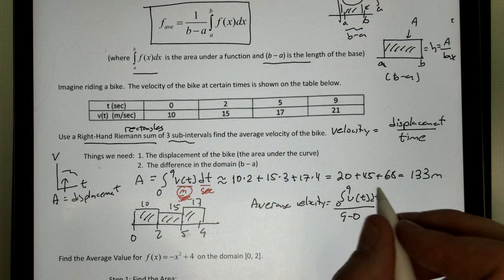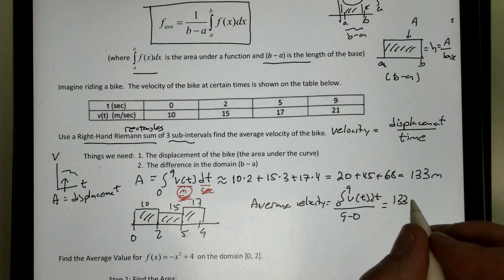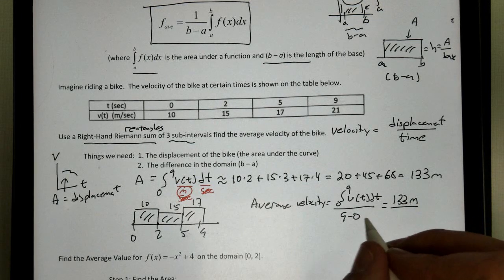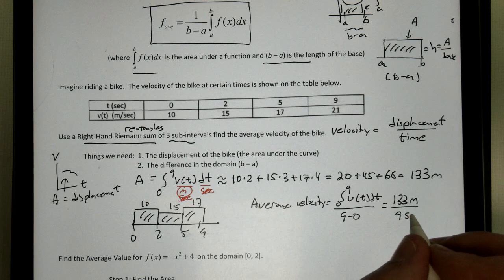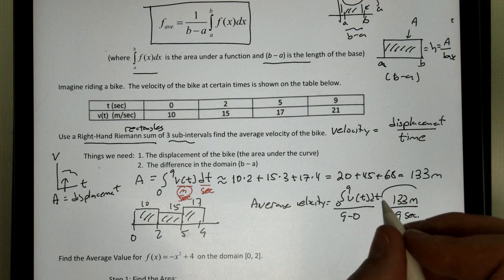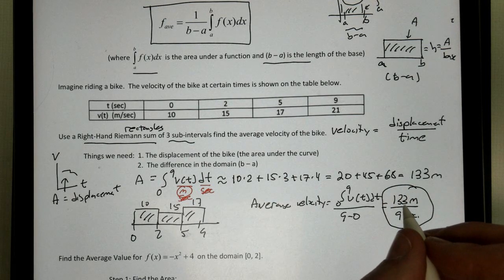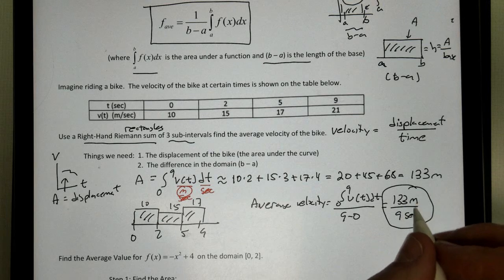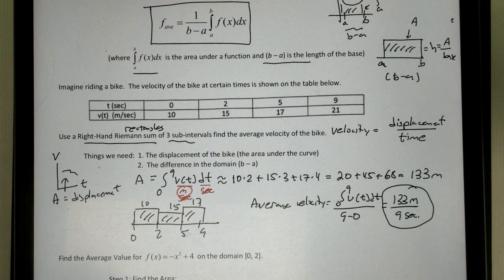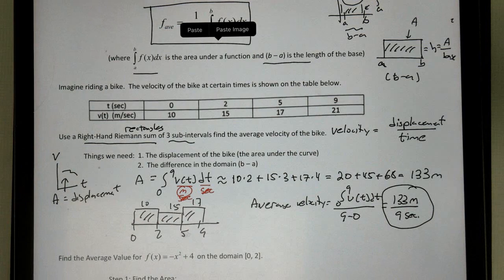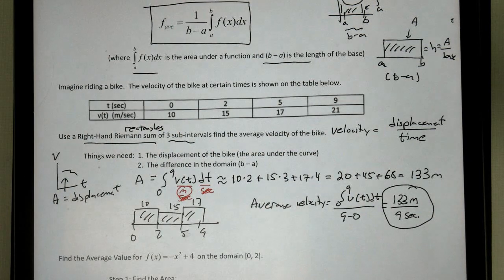We already found the top was 133 meters. The bottom is over 9 seconds. So there is our velocity, 133 over 9 meters per second. And there's our average velocity using our formula that we discovered yesterday.